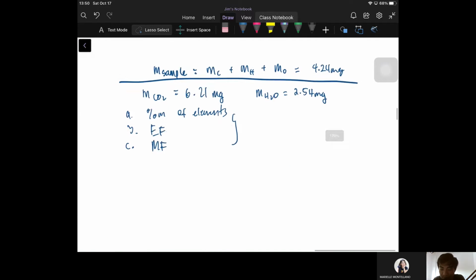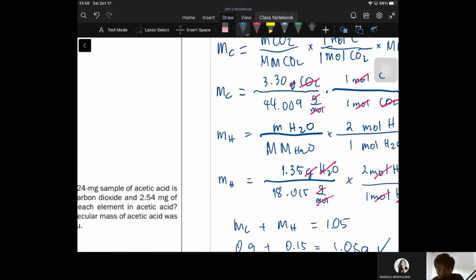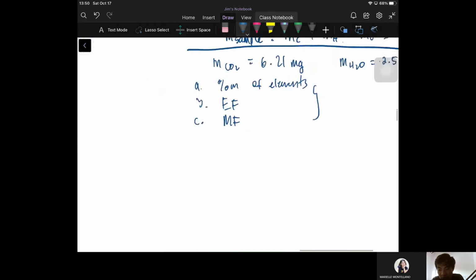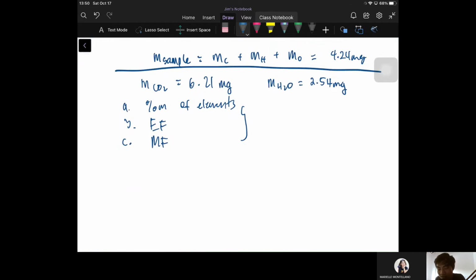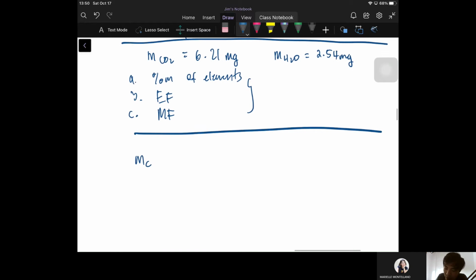Okay, so ayan. So, ano sabi natin? Kailangan hanapin mo muna yung mass ng iyong elements. Bago mo masagutan yung ibang pinagsasabi sa problem, alamin mo muna yung kada masses nito. Okay? Important yan eh. So, anyway, let's do that. Gawin natin, mass ng carbon is equal to mass CO2, molar mass ng CO2, 1 mole CO2, 1 mole carbon, times the molar mass ng carbon.